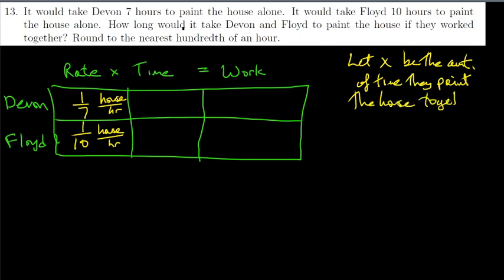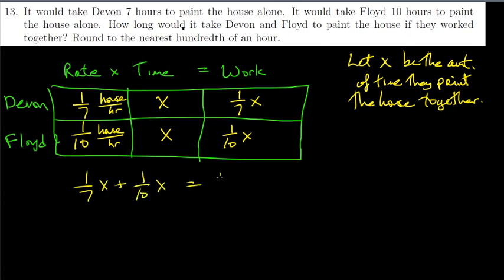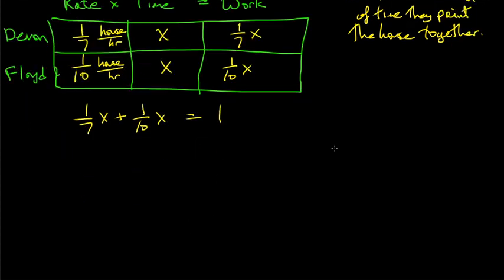Working together, so that's just X for both. So the amount of work for both is 1/7 times X for Devin, 1/10 times X for Floyd. When you add them up, you should just get one house. So there's your equation.